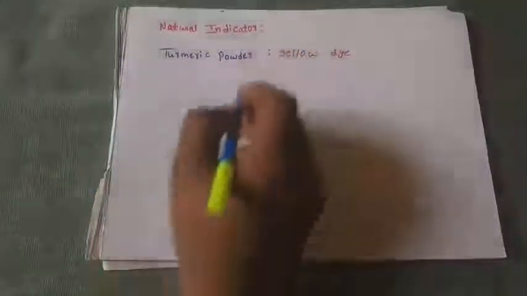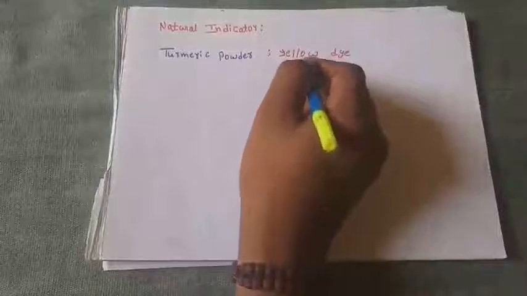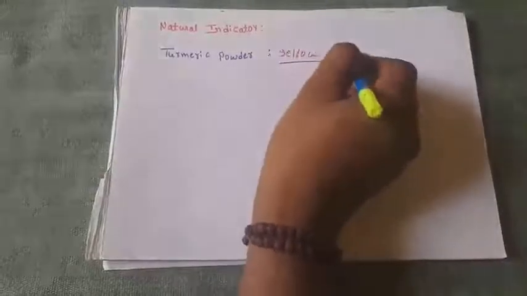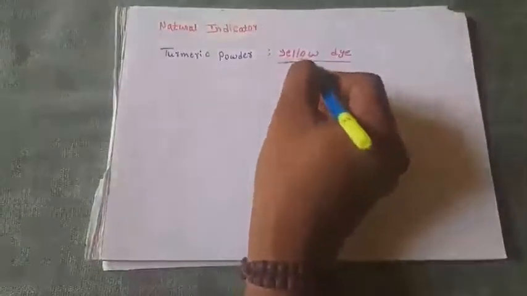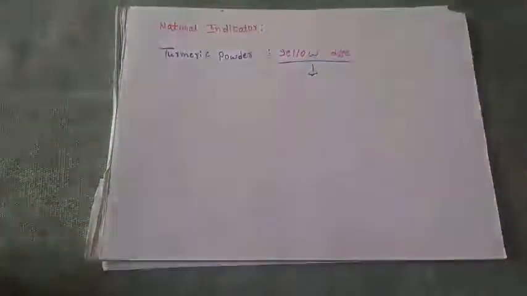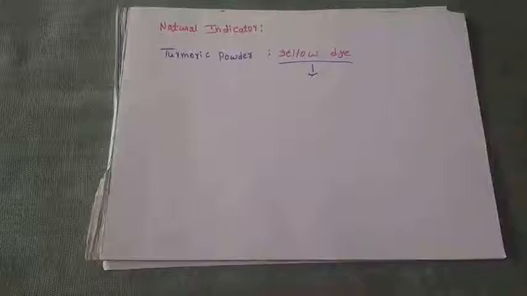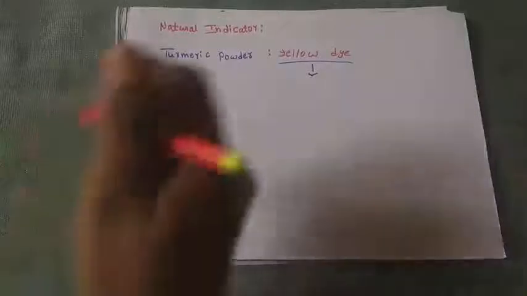When this yellow color dye is in the acidic medium, it stays yellow. But when it turns to basic medium, the yellow color dye is converted into reddish brown.